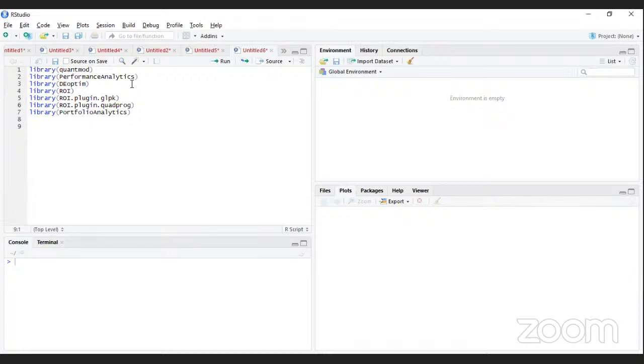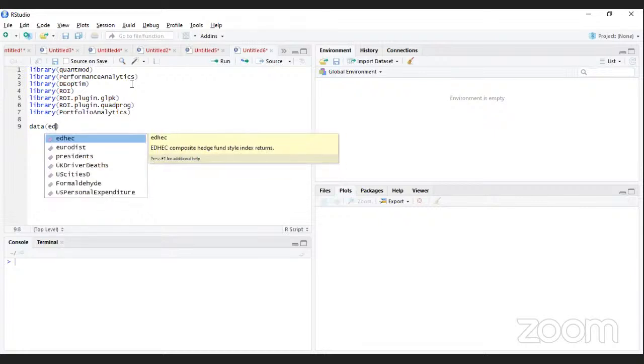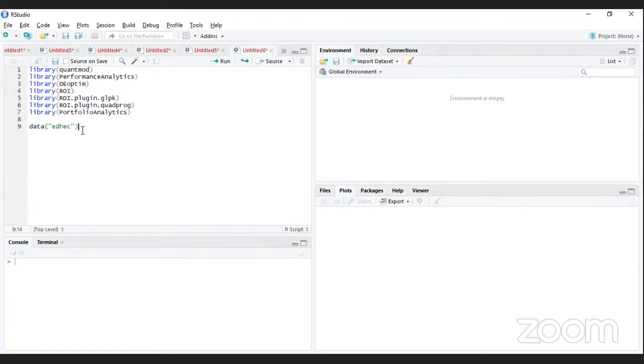Now let's use one of our R packages, the R data set called EDHEC. We can directly invoke EDHEC in our environment using this. This also has a lot of financial data.